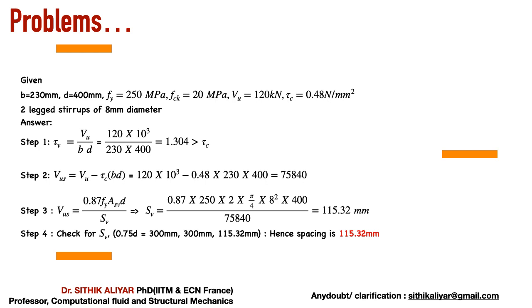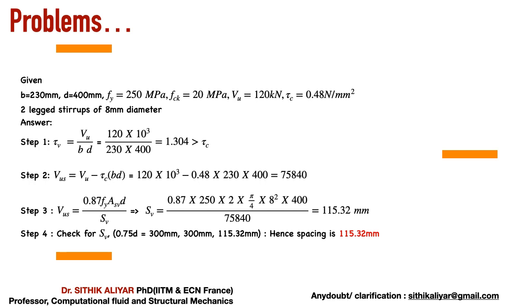So we know already the 4 steps. Step 1, find the tau v value because they have given VU. The factored force they have given, 120 divided by BD, comes to 1.304, about 1.3 MPa, which is greater than tau c. They have given tau c as 0.48 MPa, but externally it is coming 1.3.